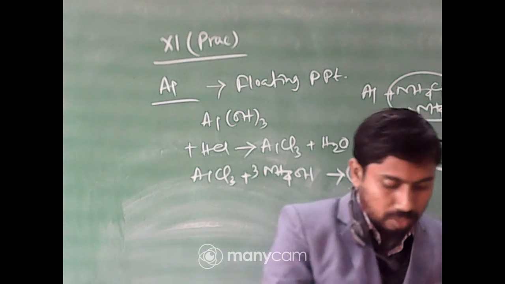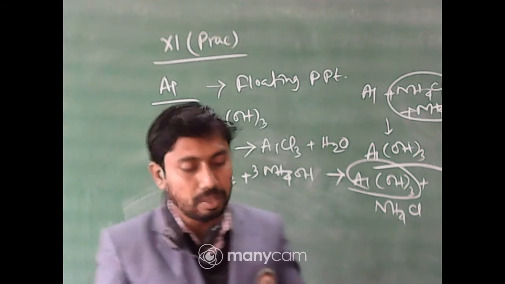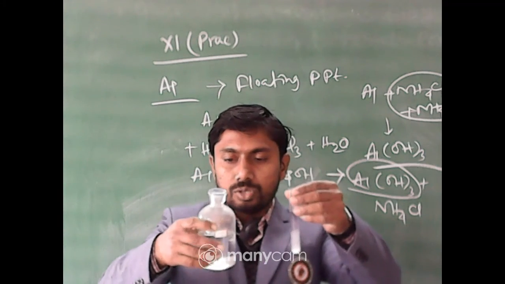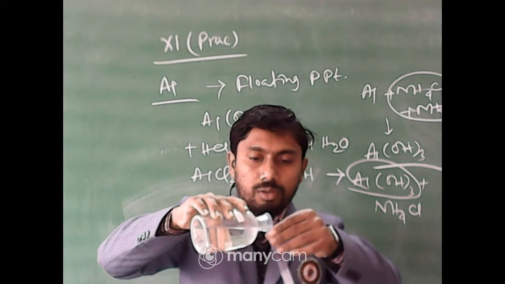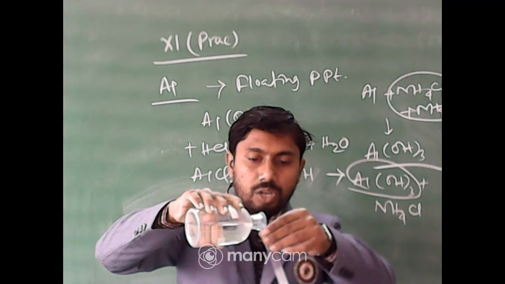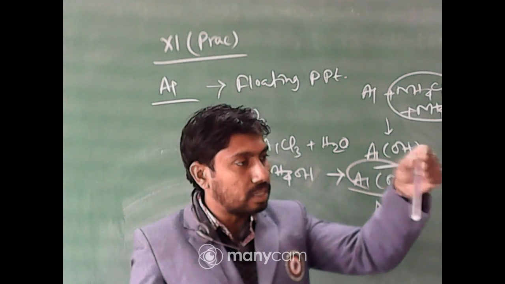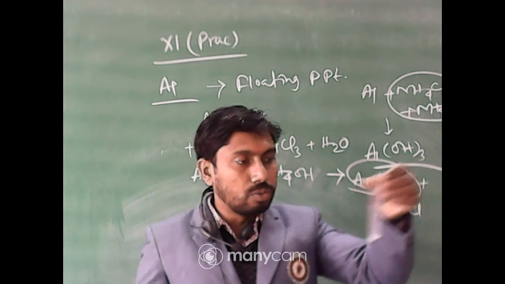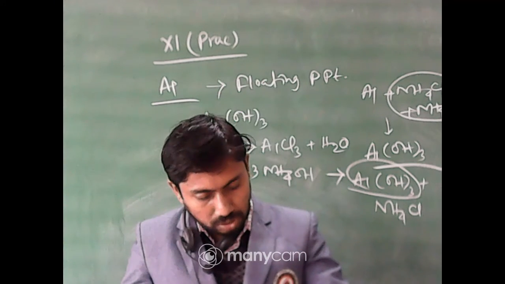Now the pH must not go below 7, so we will use HCl. We should not dissolve it fully. Okay, the blue color still persists, so we can use it. We can reject some of the solution also.